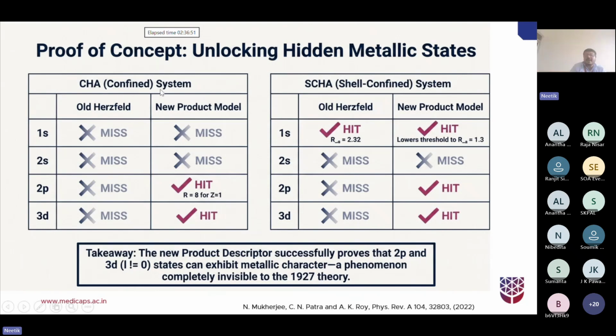Just like for the confined hydrogen atom, when Ra is 0 and Rb is non-zero, metallization can be seen at the 2p and 3d states, but not in S wave states. Previously we have seen that metallization can be seen in the shell confined condition.